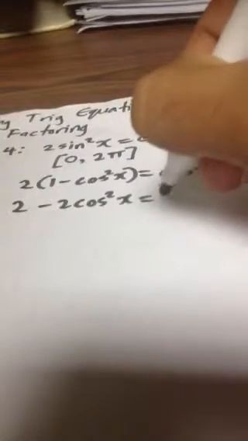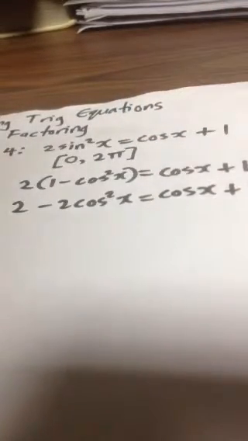Using the distributive law on the left hand side, we will get 2 minus 2 cos squared x equals cos x plus 1. Now we have an equation with only one trig function, that is cosine function. If we bring the minus 2 cos squared x onto the right hand side, thereby making it positive, and we also bring the 2 from the left hand side over to the right hand side, we will obtain a quadratic equation in terms of cosine x.